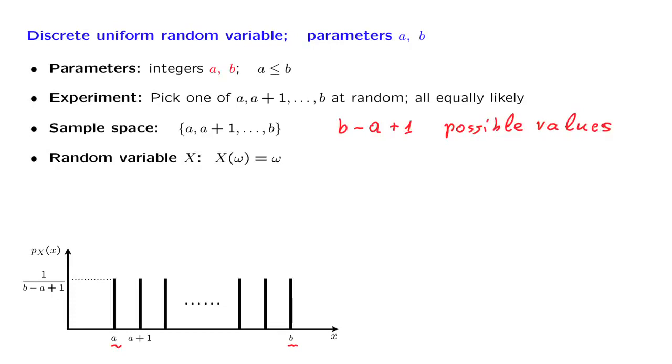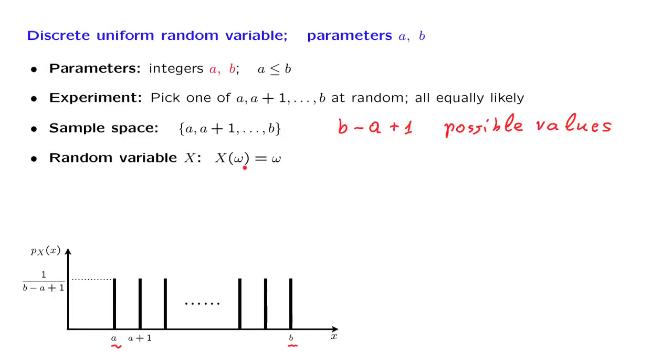What is the random variable that we're talking about? If this is our sample space, the outcome of the experiment is already a number. And the numerical value of the random variable is just the number that we happen to pick in that range. So in this context, there isn't really a distinction between the outcome of the experiment and the numerical value of the random variable.